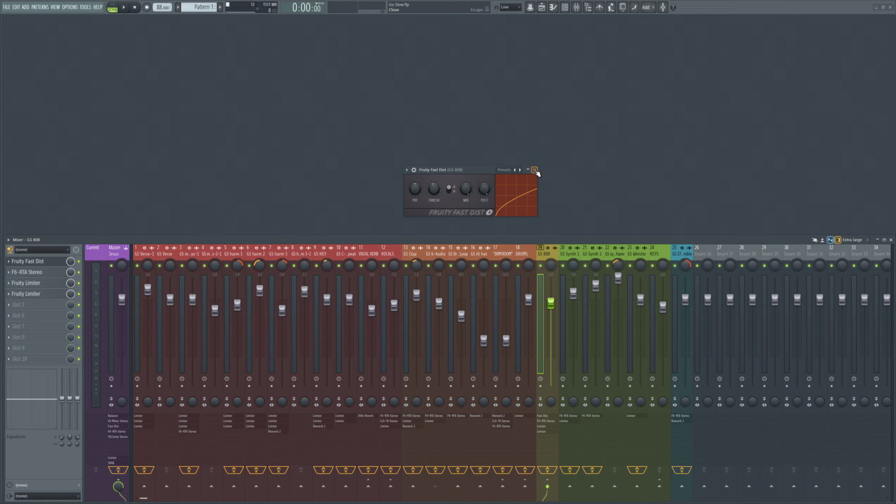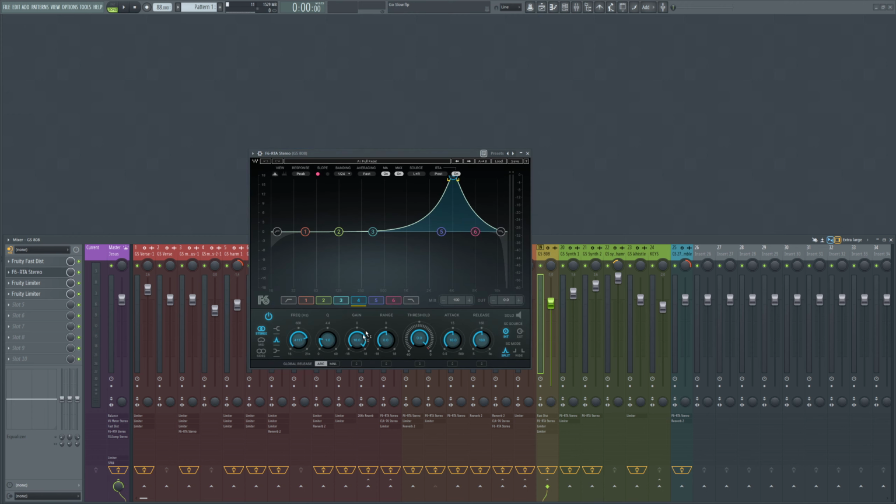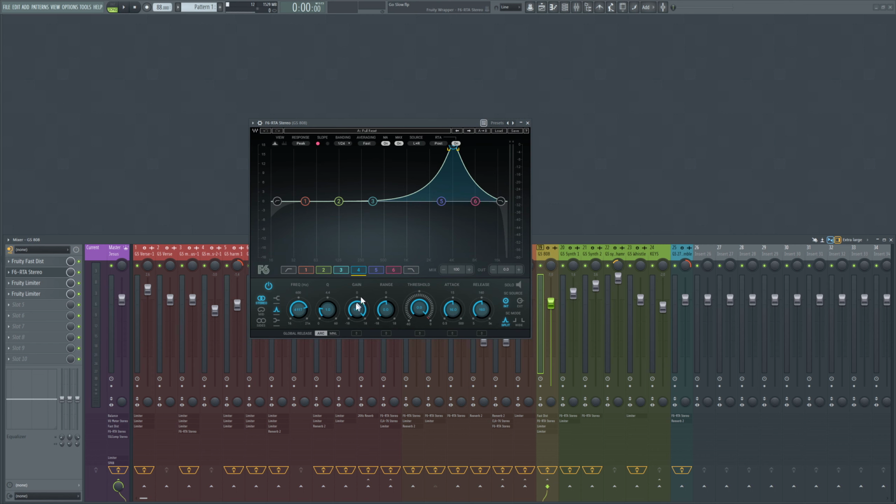Alright, yeah, distorting it. Moving on, we have our EQ set at 4K, 4117 hertz, Q factor of 1, and 18 decibels over here.